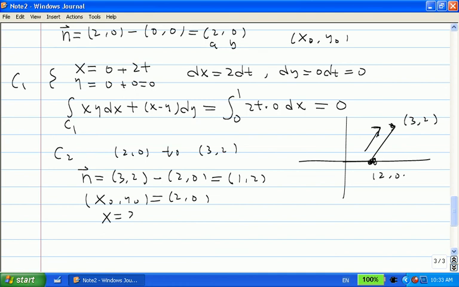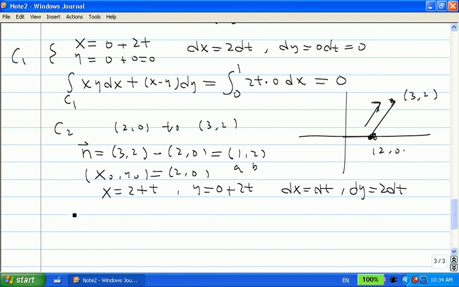X naught, which is 2, plus, this is your A, this is your B, 1 times t, and your y is y naught, which is 0, plus b times t, 2t. And your dx here, take the derivative, x prime, gives you 1 times dt. Your dy here, take the derivative, gives you 2 dt.